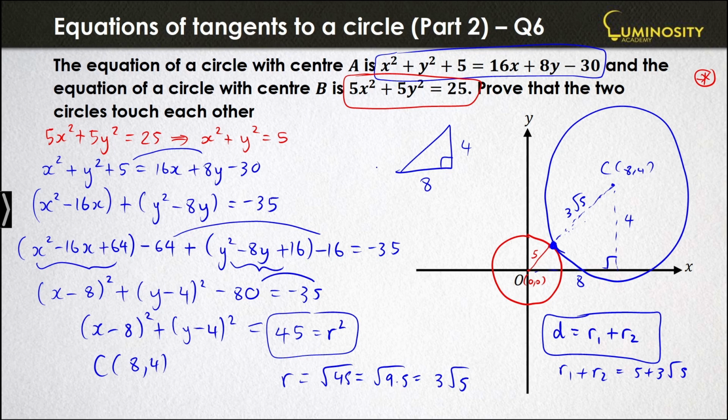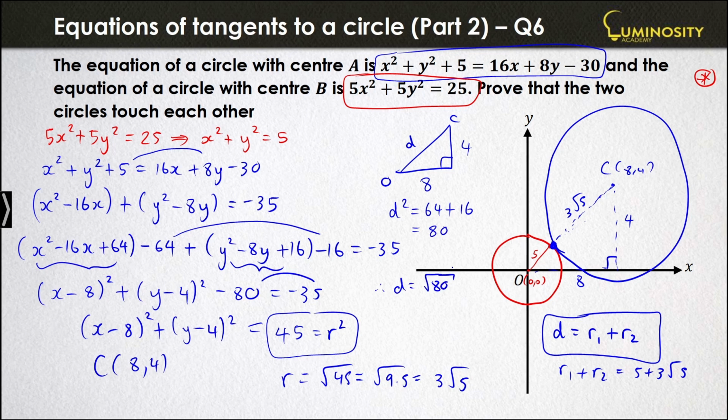So this length OC here, which is the distance D, so D squared is equal to 8 squared, 64 plus 4 squared, which is 16. And 64 plus 16 is 80. So therefore D is the square root of 80. What is the square root of 80?